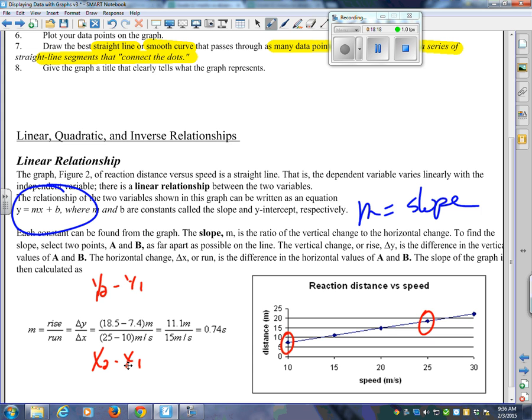So I get 0.74. And what's the little letter right there? Seconds. Why is it seconds, Nick? What is that 0.74 seconds in this particular example? It's that thing that doesn't change that I asked you about before. Reaction time.